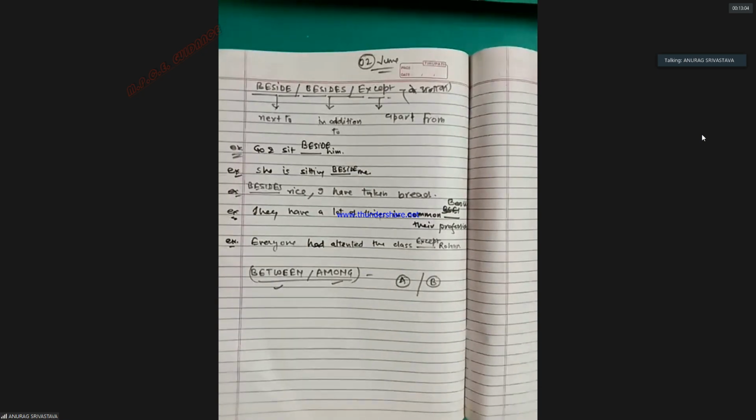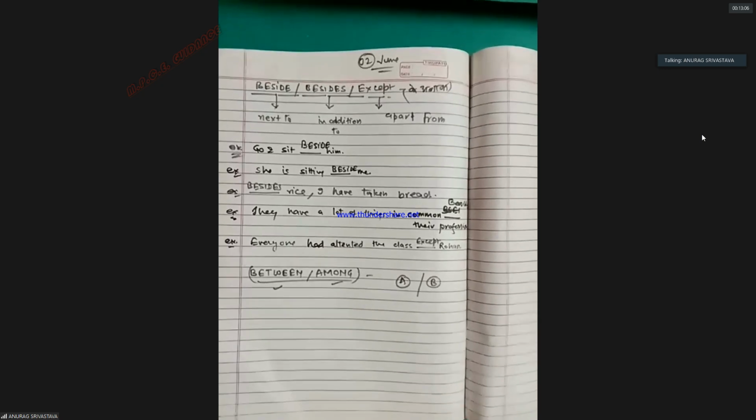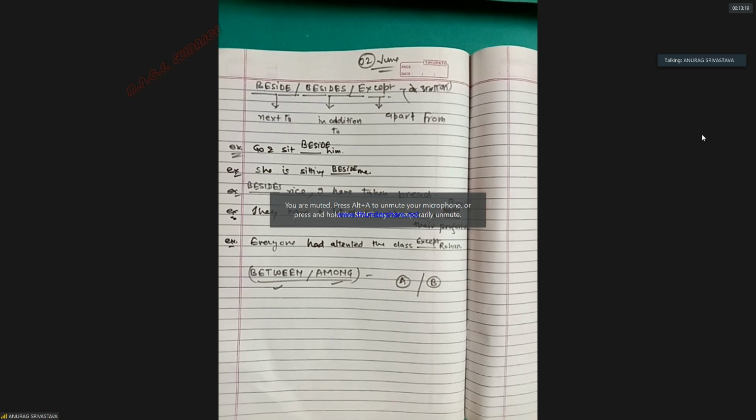Giving a place between two things will be represented with between. Among means in the middle of a number of things more than two. When we have more than two options, we use among.